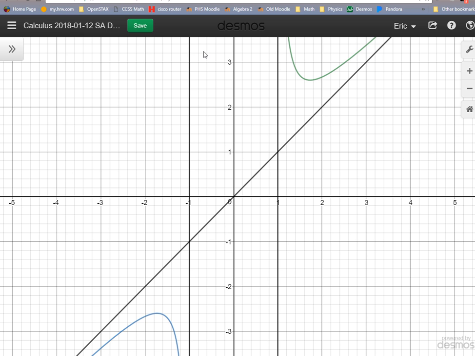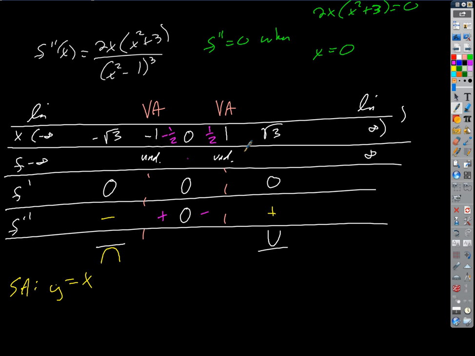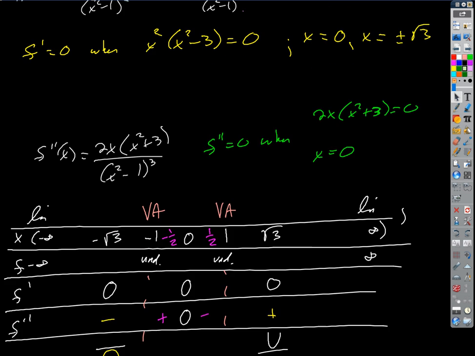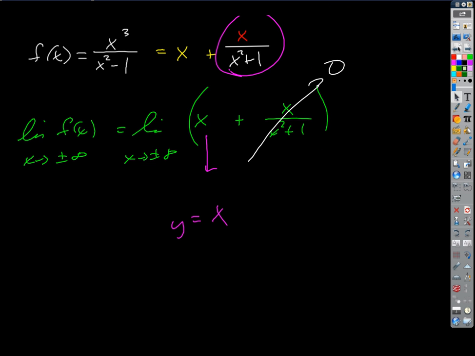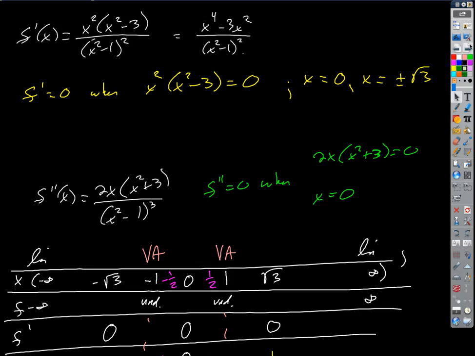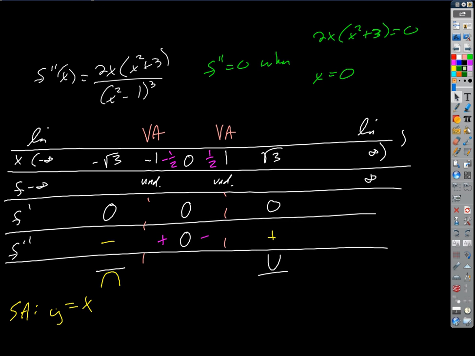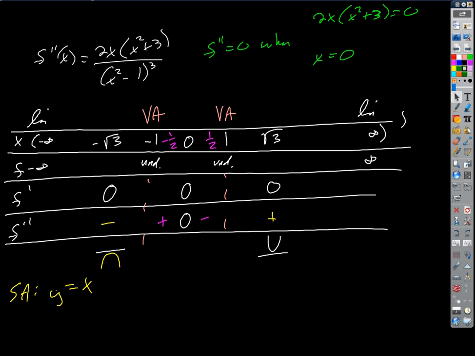And if we want to add a point to anchor that, we can do that as well. What's the value of the original function? There's the original function. What's the value of the function at 0? 0. Right, so we could add this point.